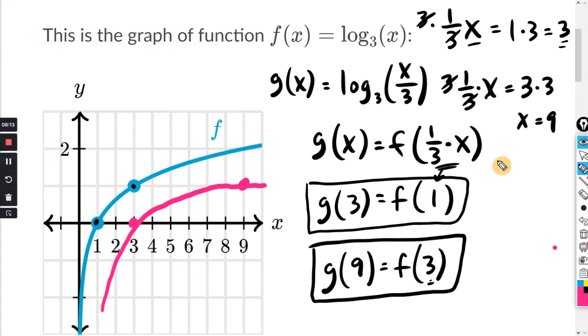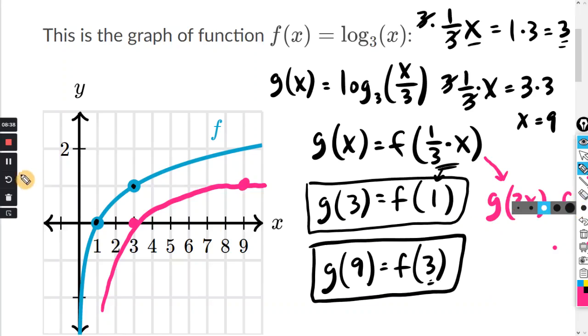All right, if you want to use a little shortcut, instead of doing it point by point, since f of 1/3 times x equals g of x, you can just multiply inside the parentheses both of these by 3, and you can just say g of 3x is going to equal f of x.